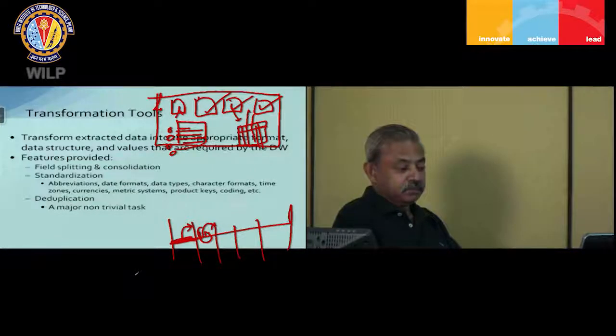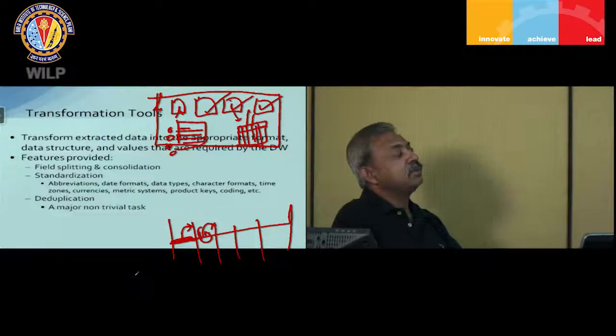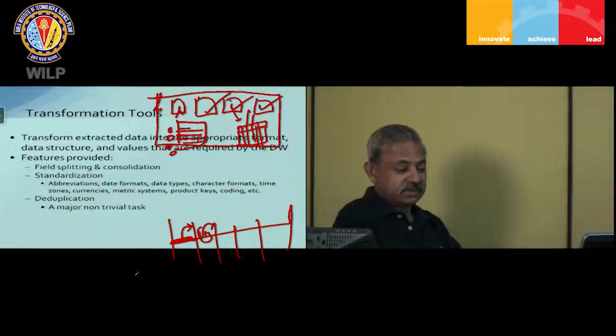Here we take care of abbreviations, date formats, data types, character formats or character strings, time zones, currencies, metric systems. Say in one operational system it is the FPS system, and in the other one it is the MKS system.